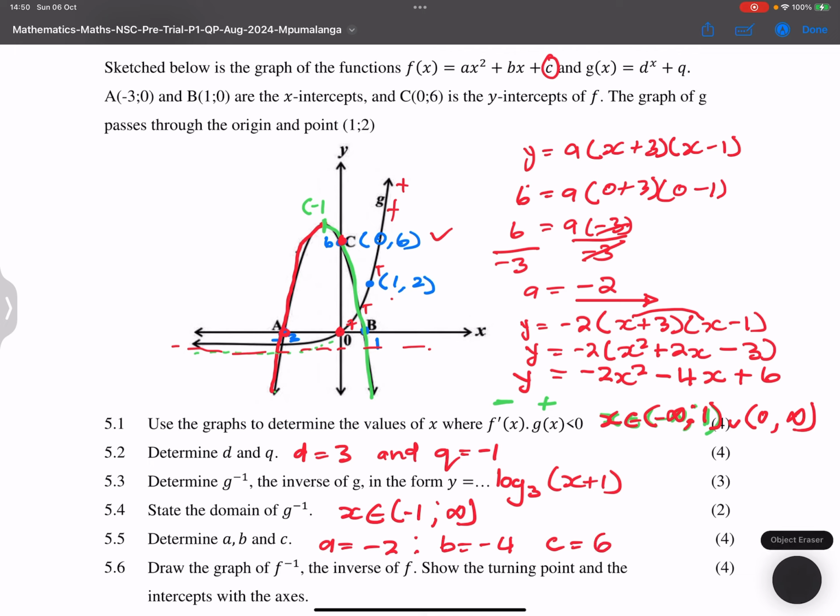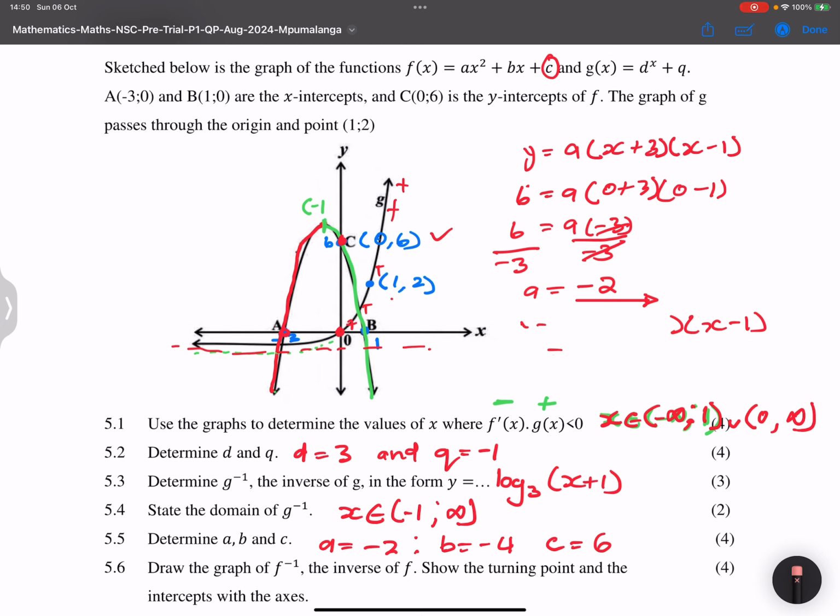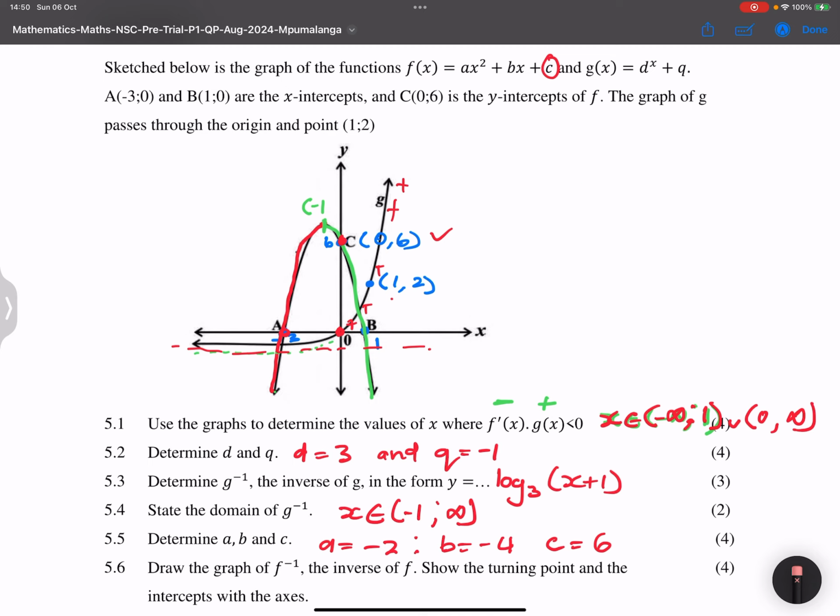As I said, you could have actually chosen a different route of doing this. You could have used the fact that we know already that it's going to be ax squared plus bx plus 6, since our y-intercept is already 6, so we can put the 6 there.